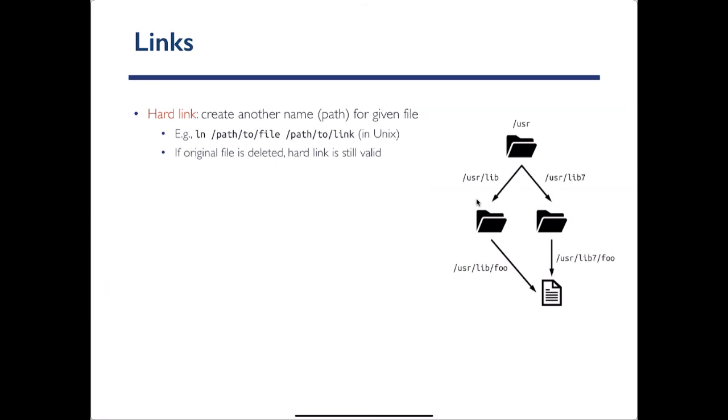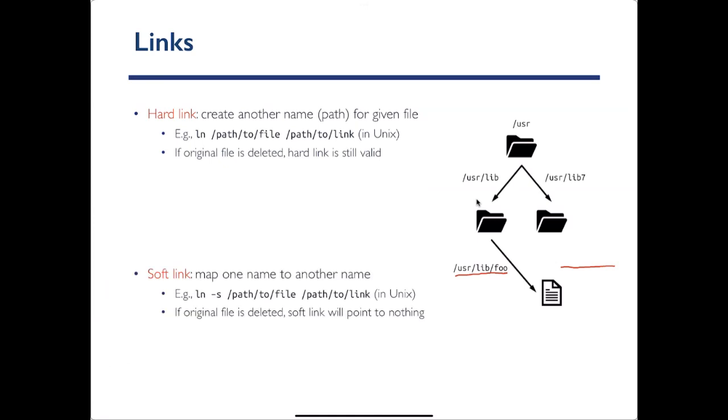In this particular example, let's assume that there are two names for this file: usr lib foo and usr lib7 foo. Let's say you delete the second one, just that name gets deleted, but the first one will carry on the file.